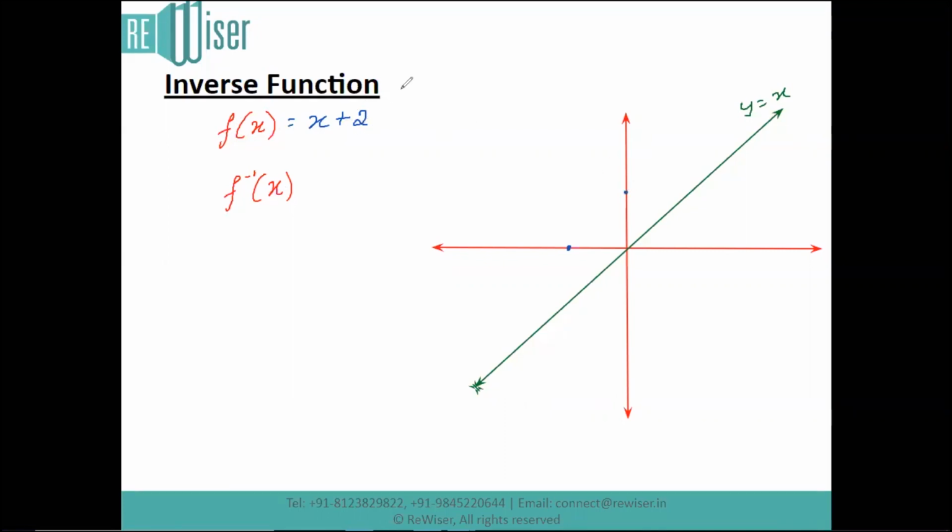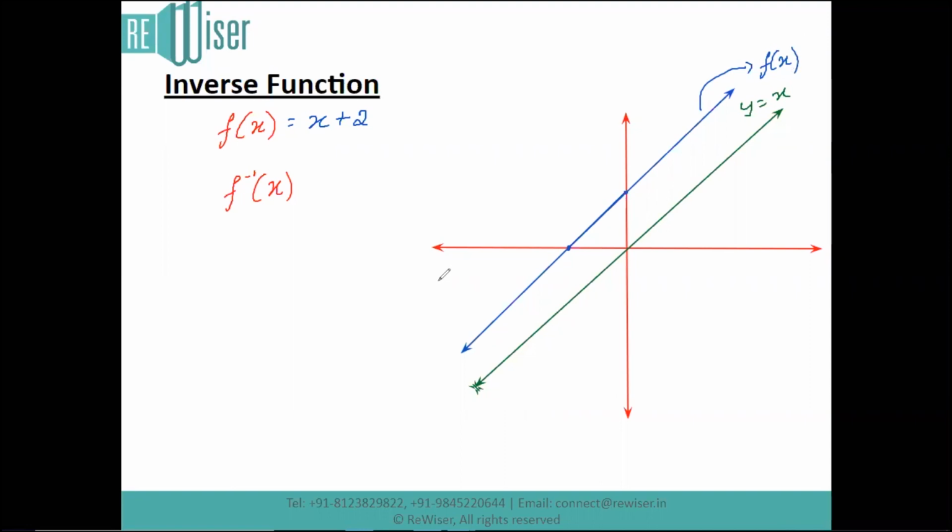So the line is going to look something like this. This is the graph of your f of x, and because it's a linear function, it will always be a straight line.